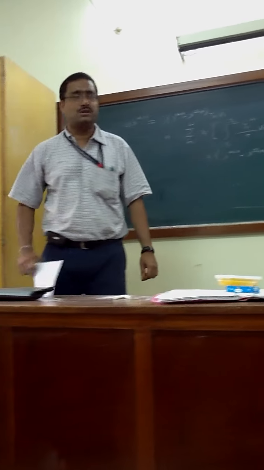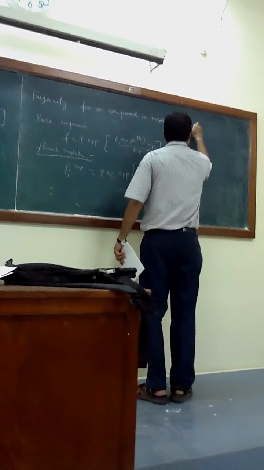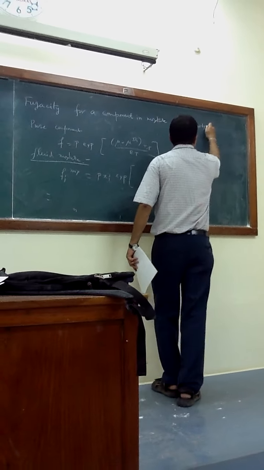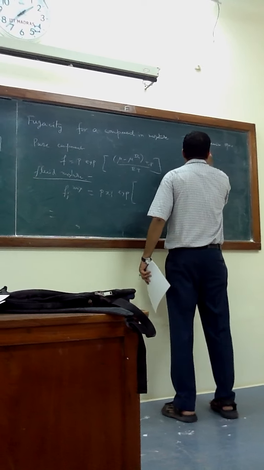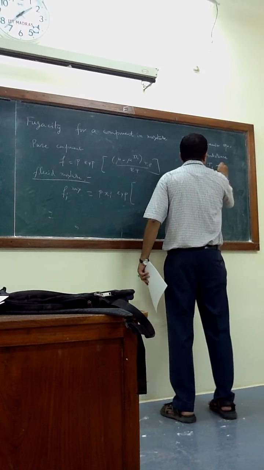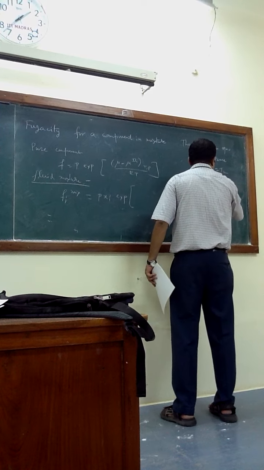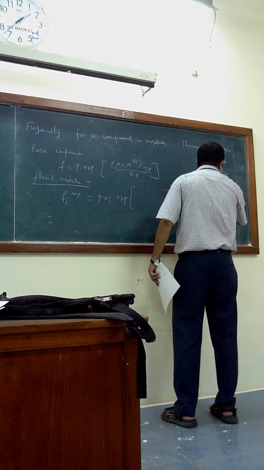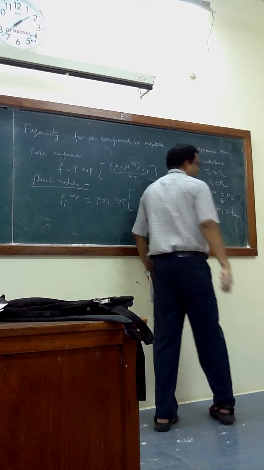We derive that part. Thermodynamic equilibrium for a pure substance. Conditions are T1 equals T2, P1 equals P2, mu1 equals mu2. It gives the fugacity of the first phase equals the second phase.